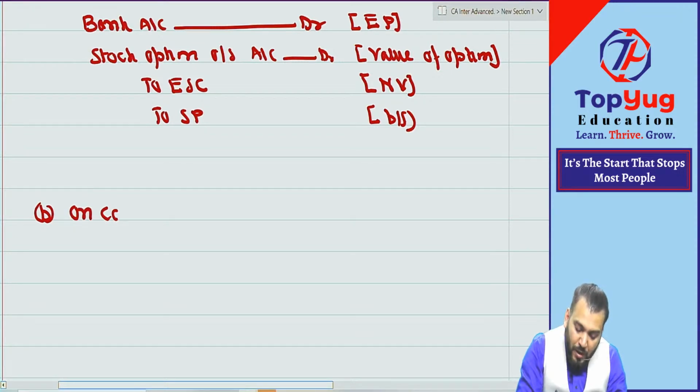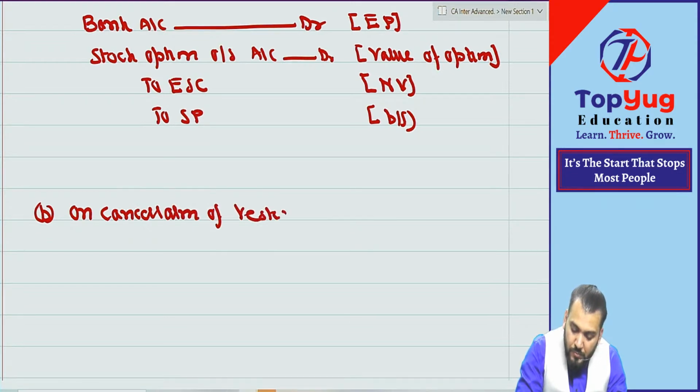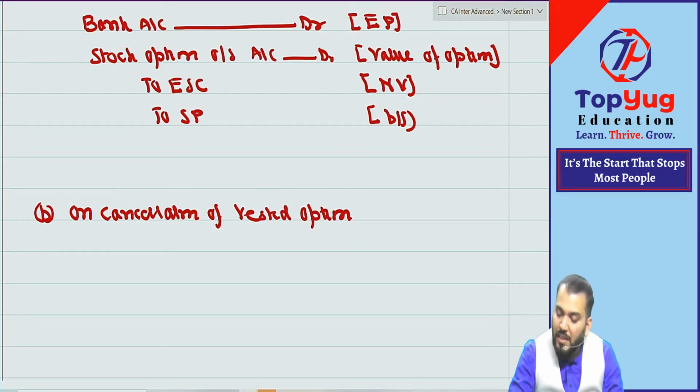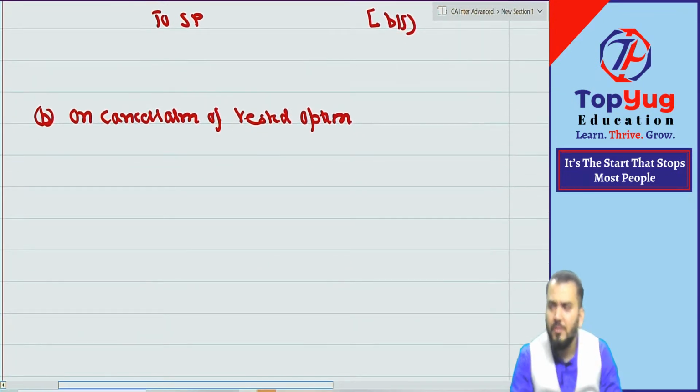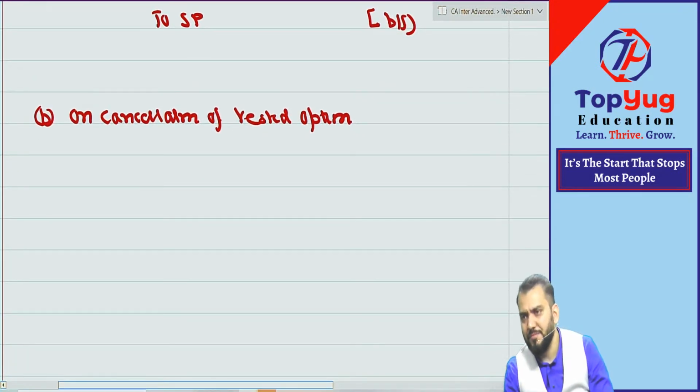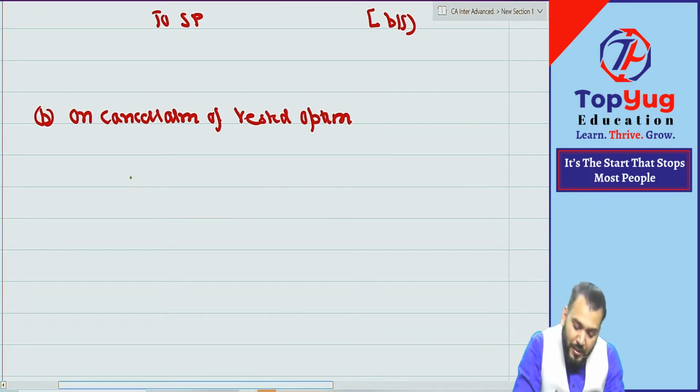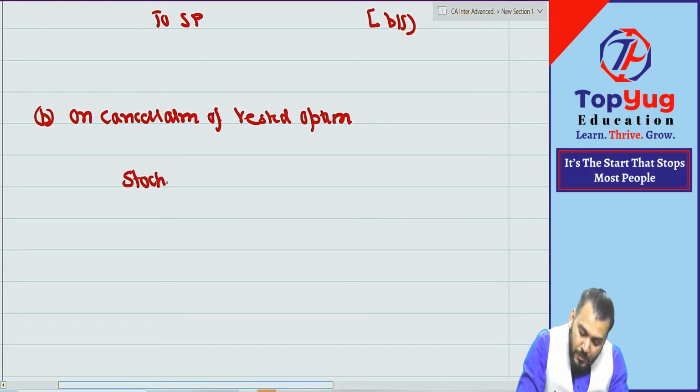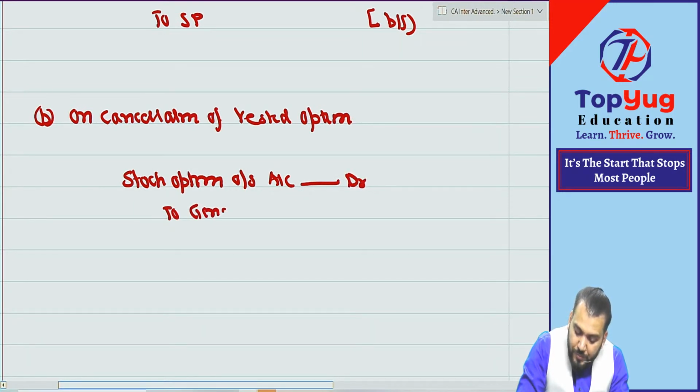On cancellation of vested option at the end of exercise period, it will automatically be cancelled at the end of exercise period. What journal entry? Stock option outstanding account debit to general reserve.